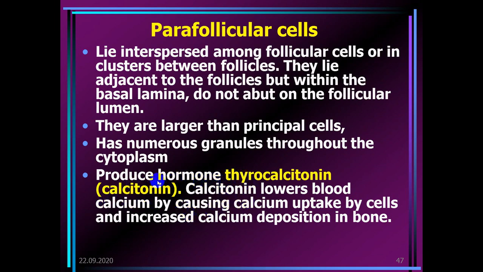These cells are not under the influence of the thyrotrophic hormone of the adenohypophysis; they are independent and act only on the basis of the feedback mechanism. Calcitonin lowers the blood calcium by causing calcium uptake by cells and increased calcium deposition in bone.